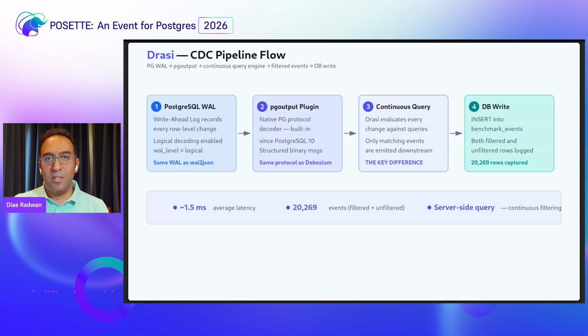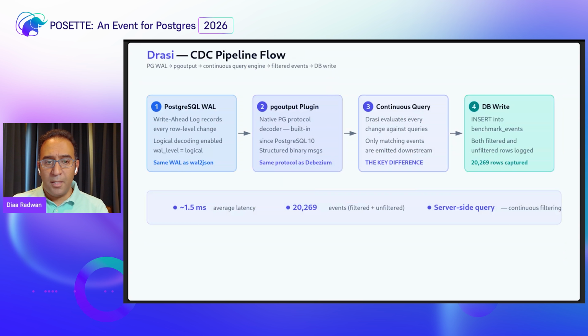It is now a CNCF Sandbox project, and it lets you define continuous queries that react to data changes in real time without writing streaming code. Drasi has 4 steps. It is the same as Wall2JSON, but step 3 is different. Instead of shipping all events, Drasi runs a continuous query. It only emits events that match our filter.